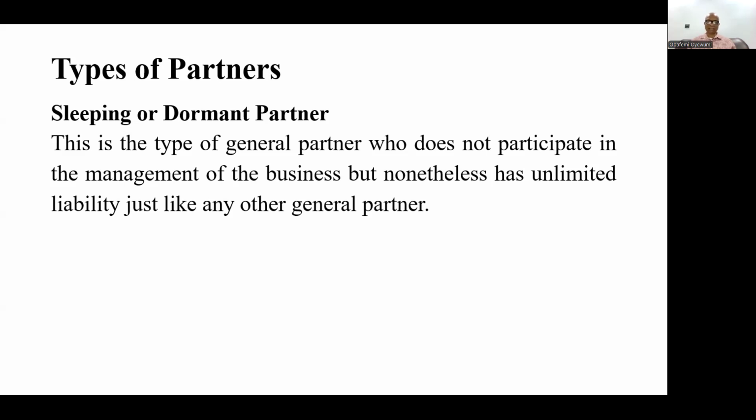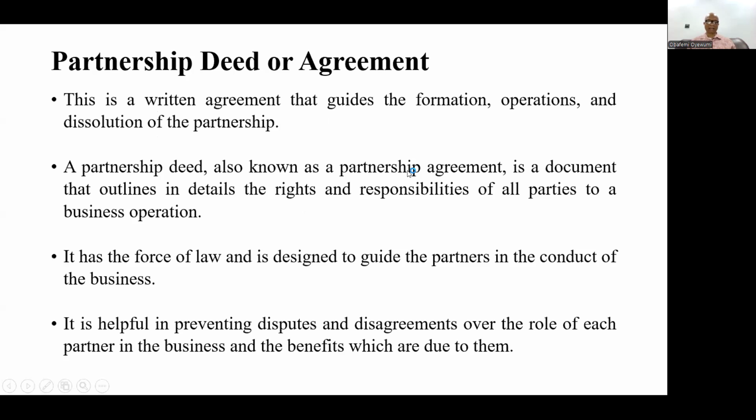Let's look at the partnership deed or agreement. When we talk about partnership deed, what are we referring to? It's a written agreement that guides the formation, operation, and dissolution of the partnership. Everything that has to do with the partnership must be recorded or stated in the partnership deed. We say that when it comes to partnership, two or more persons come together to co-own a particular business entity.